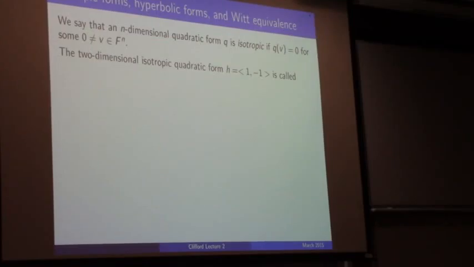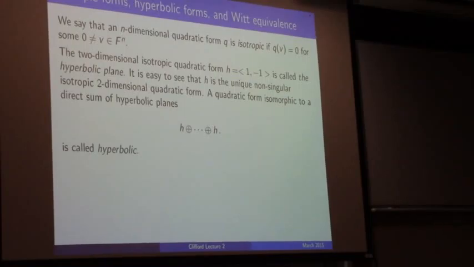So the two-dimensional isotropic quadratic form, f of x, y equals x squared minus y squared, is called the hyperbolic plane. And it plays a special role in Witt theory. It is easy to see, and I will use this later, that H is the unique non-singular isotropic two-dimensional quadratic form.